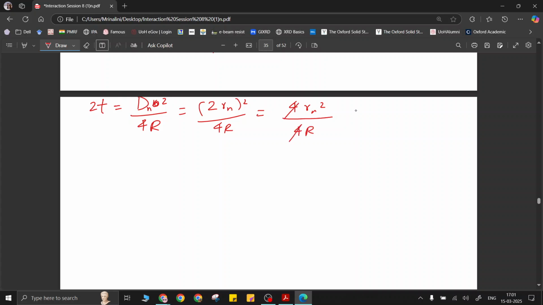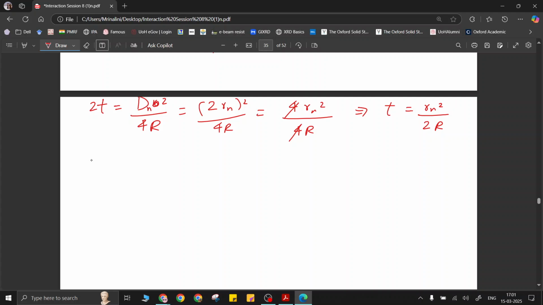This 4 will cancel, so I will get t is equal to rn squared divided by 2r. This is the thickness of the gap between the lens and the plane plate at the distance where the nth ring is forming.